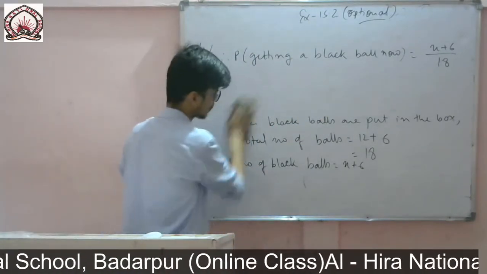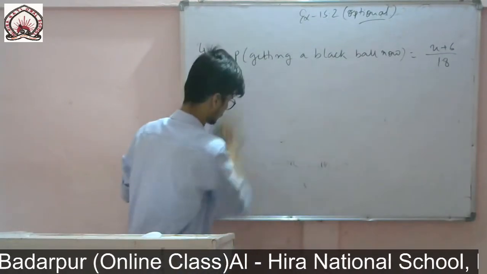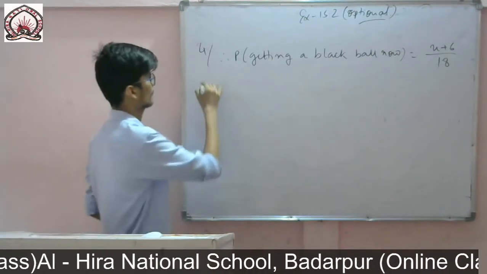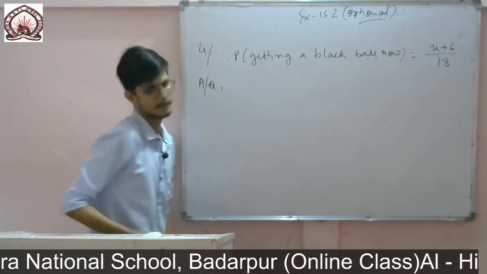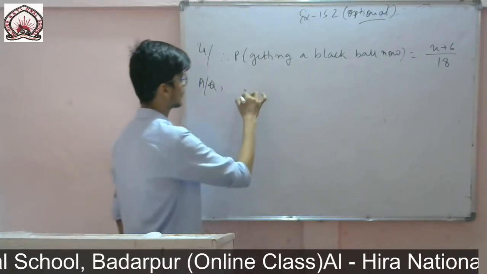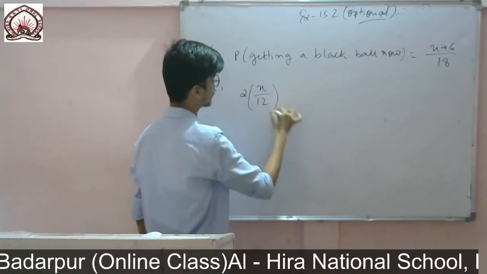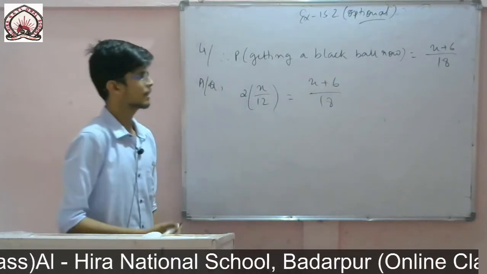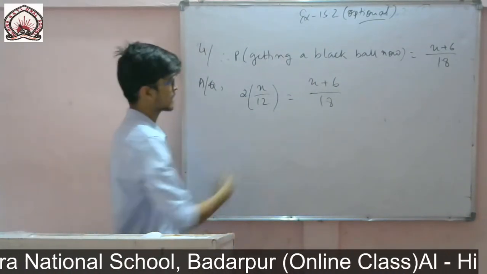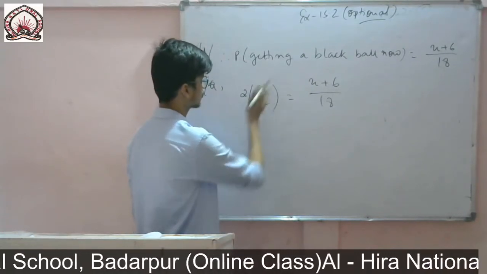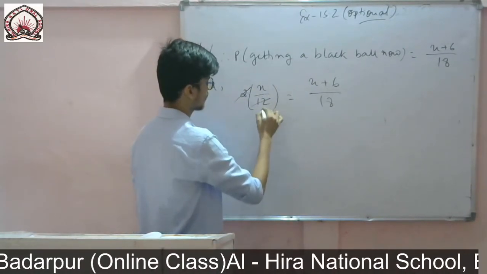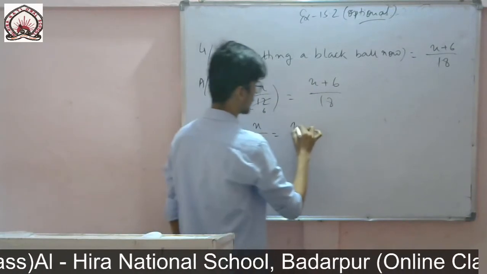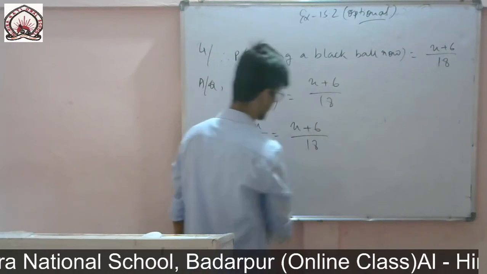So you write, according to the question, 2 into x by 12 is equal to x plus 6 by 18. So I can cancel 2 with 12, and here it will be x by 6 equals x plus 6 by 18.